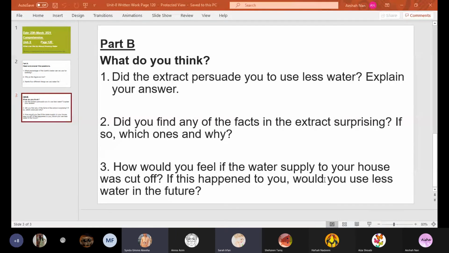Teacher, cut off full stop, then to avoid shortage of water. Teacher, can I write I would feel sad and uncomfortable. Yes, I would use less water in the future. Okay, that's also correct.